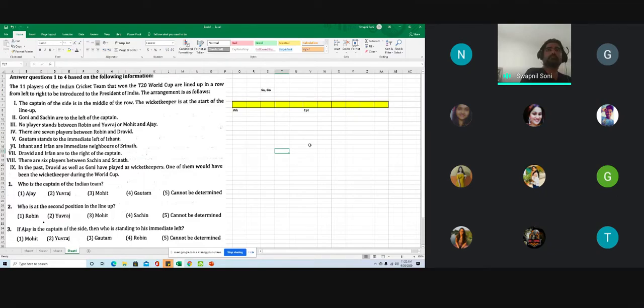No player stands between Robin and Yuvraj or Mohit and Ajay. So your first condition. No player stands between means both are next to each other. But you don't know who is on the left and who is on the right exactly. So I can have any possible combination. I can have Robin or Yuvraj, or Yuvraj or Robin.